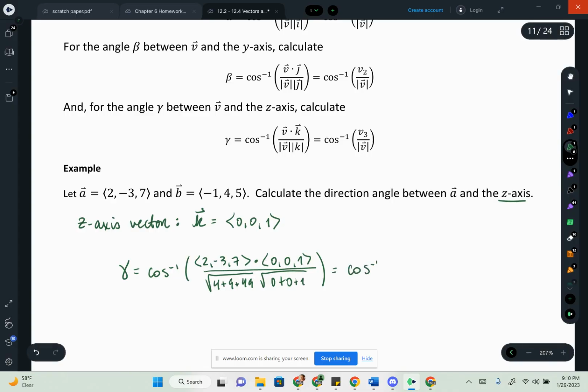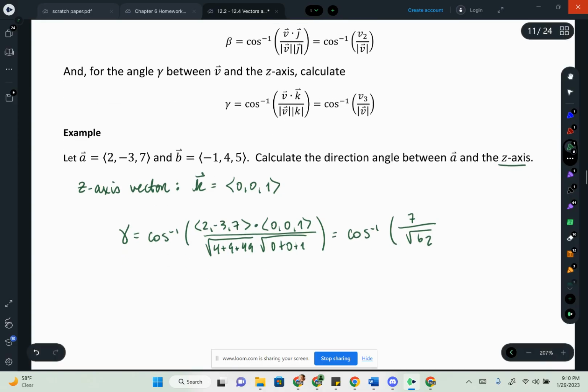This gives me cosine inverse of, on top, I'm left with just a 7. In the bottom, I'm left with the square root of 62. And that's it. So now when I plug this into my calculator and calculate it, I end up with an angle of approximately 27.25 degrees. And that is the angle that this vector A will make with the z-axis.